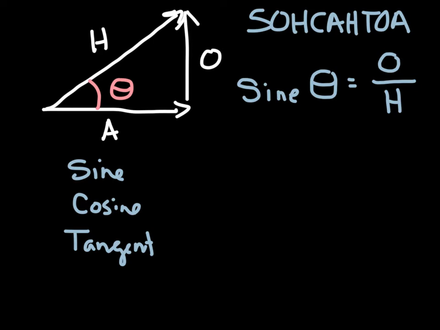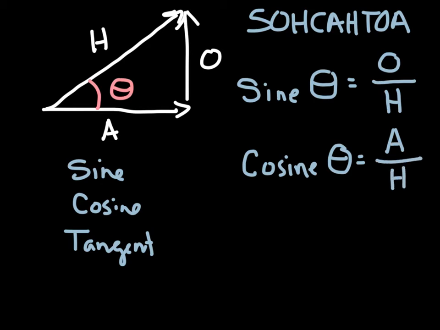So, for instance, if the opposite side length was 2 and the hypotenuse was 4, then you'd have a sine theta equals 0.5. Okay? Now, moving on, if you had cosine, its cosine of angle theta is equal to the adjacent side divided by the hypotenuse.